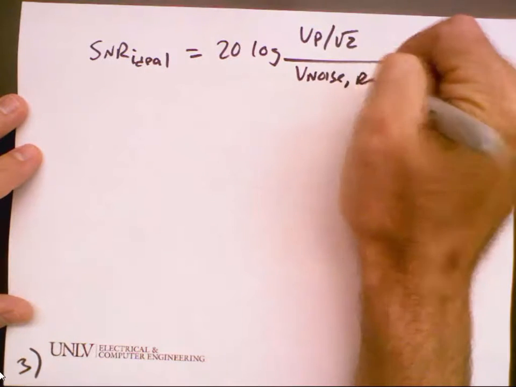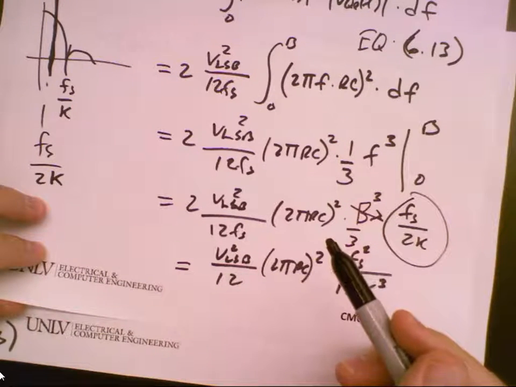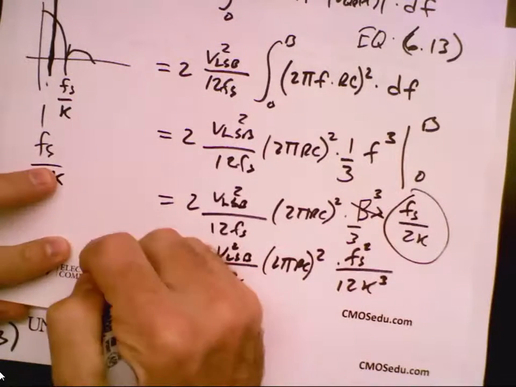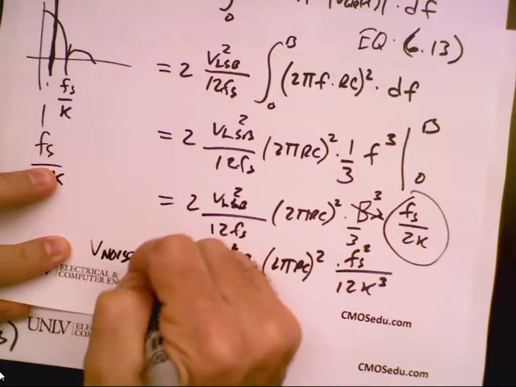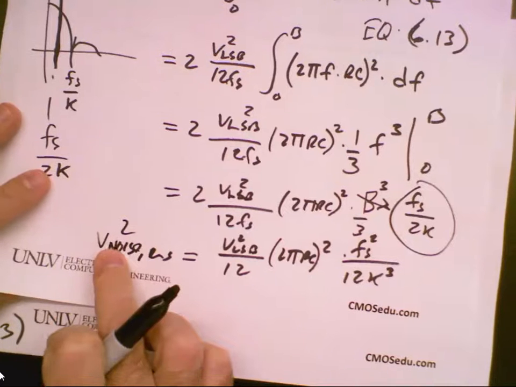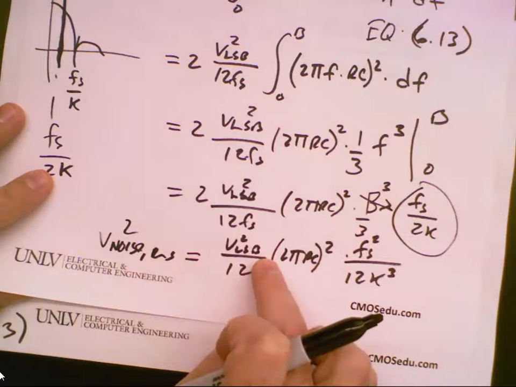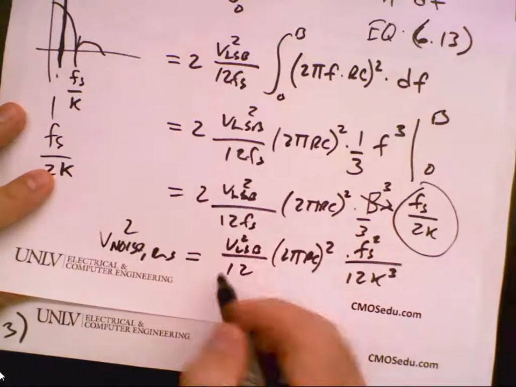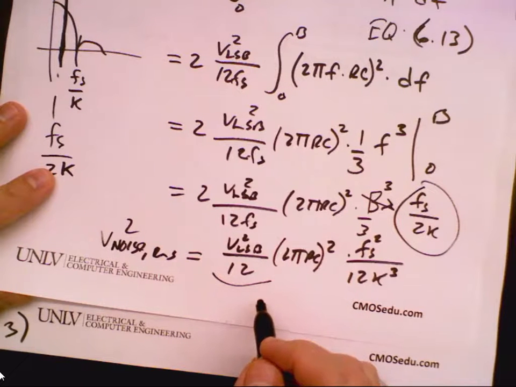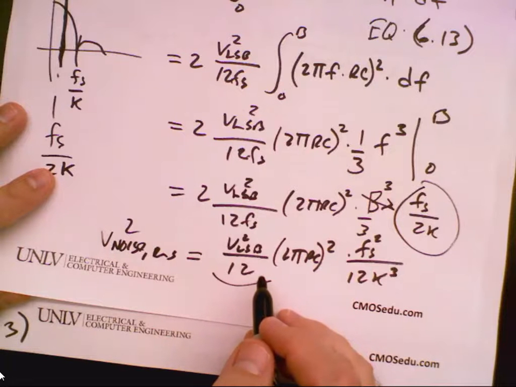And I'm going to borrow what we had before. What was our V noise RMS before here? I have to take the square root. This is V noise. So would everybody be cool if I note that V noise RMS, if I take the square root of that, is VLSB over root 12. This is just my normal noise, and then I use that in the effective bits calculation.